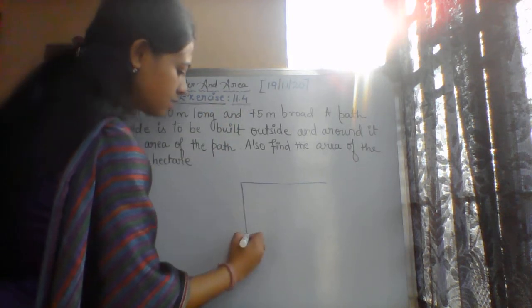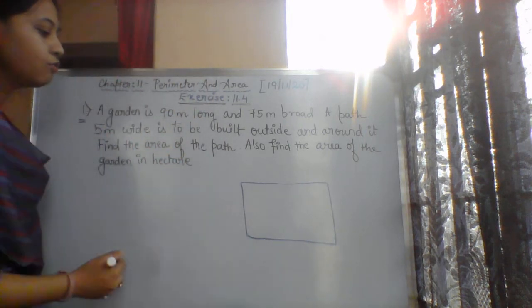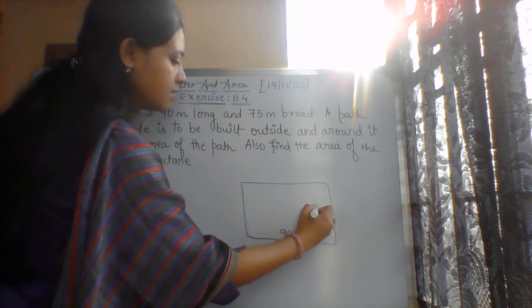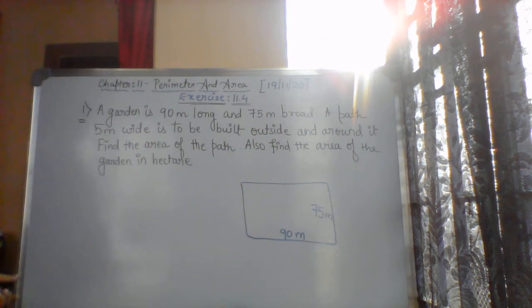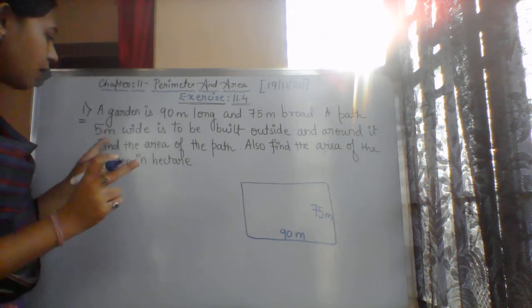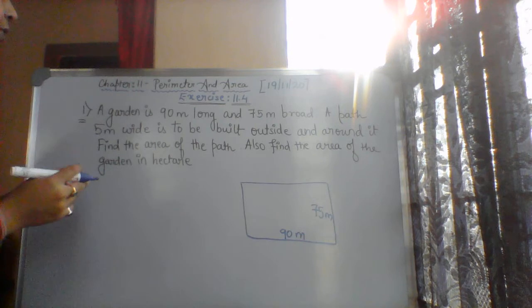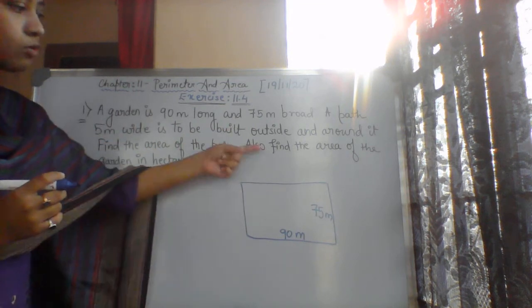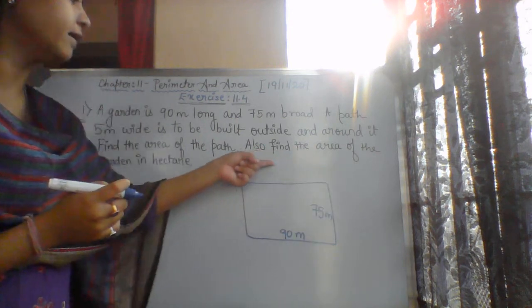So a garden is there which is 90-meter long and 75-meter broad. A path 5-meter wide is to be built outside and around the garden.